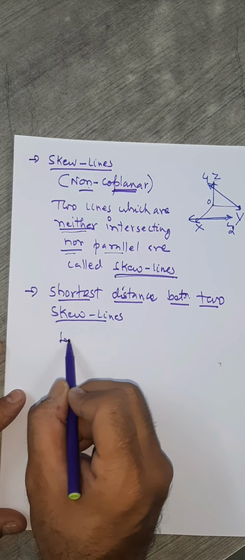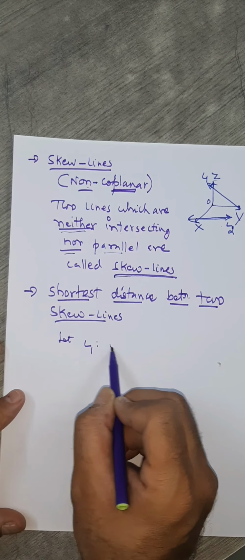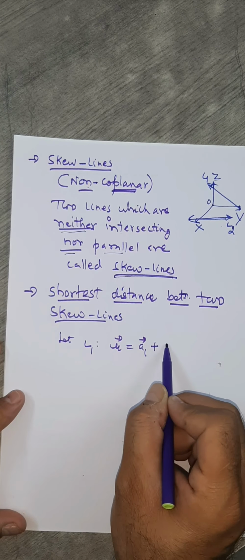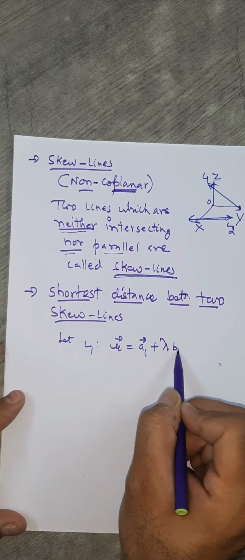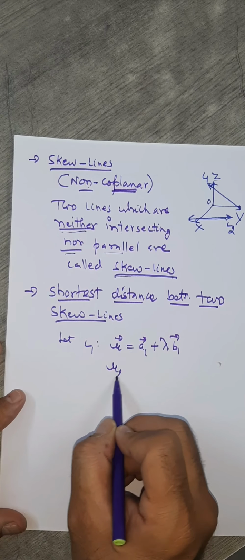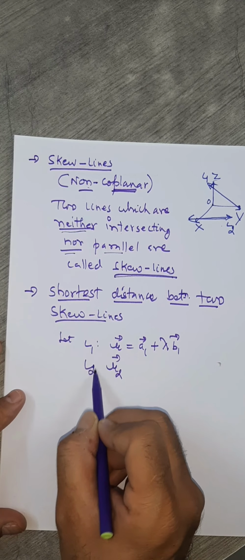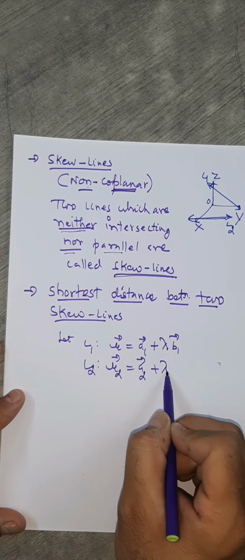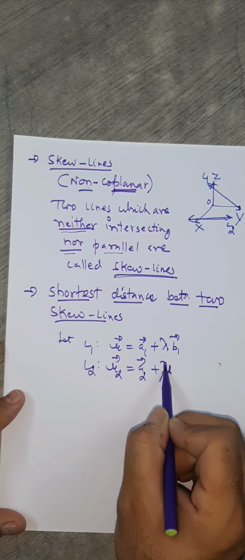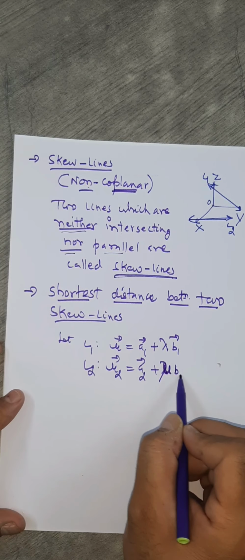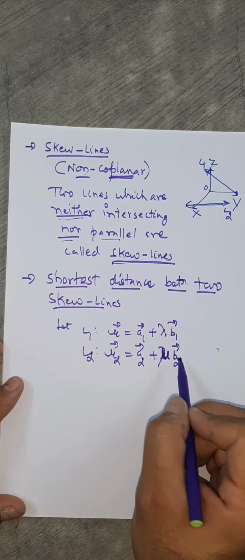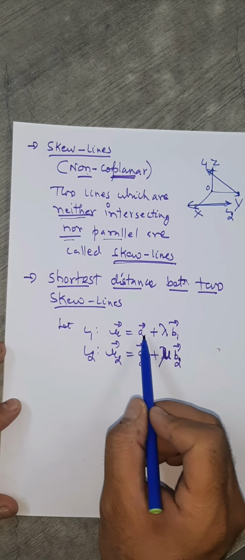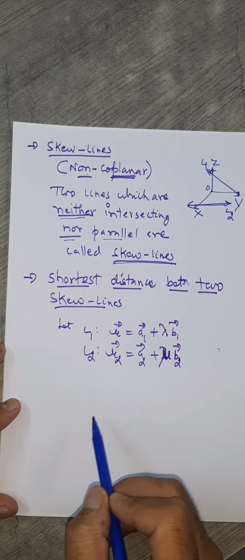Let one line L1 be vector r equals fixed vector A1 plus a scalar times the direction of this line, vector B1. The other line L2 passes through the fixed vector A2 plus mu, another scalar, times the direction vector B2.